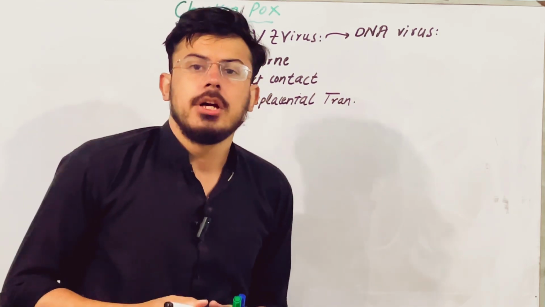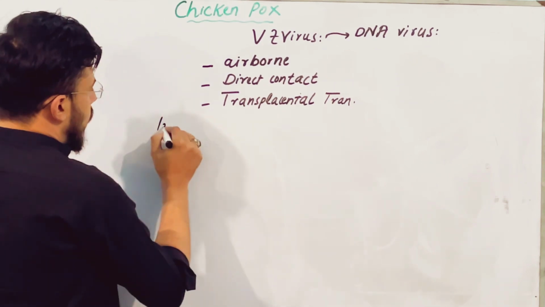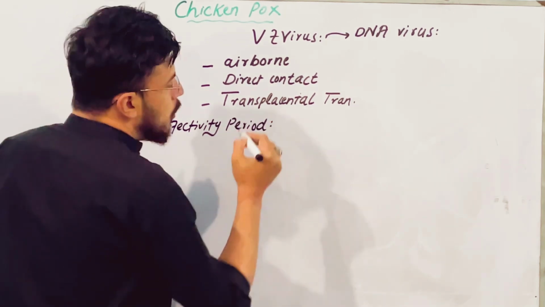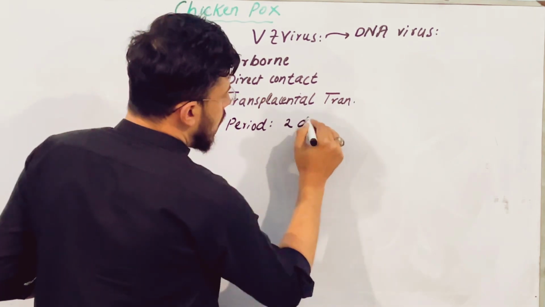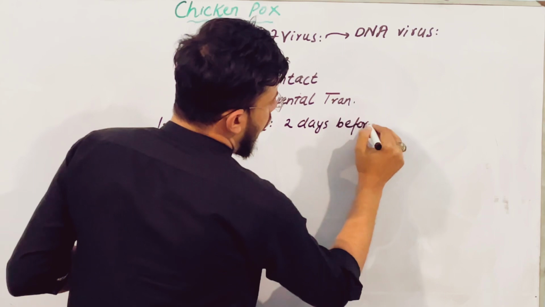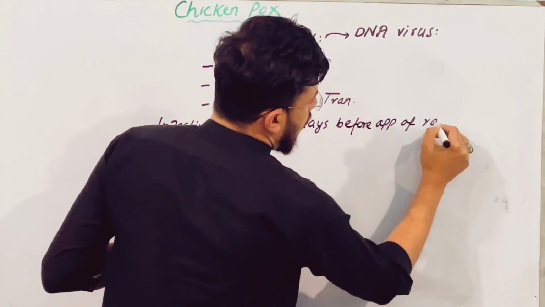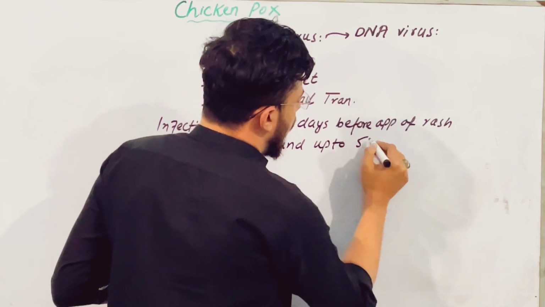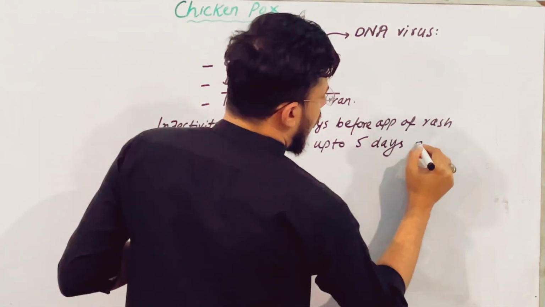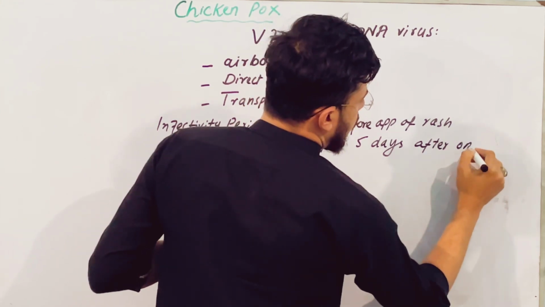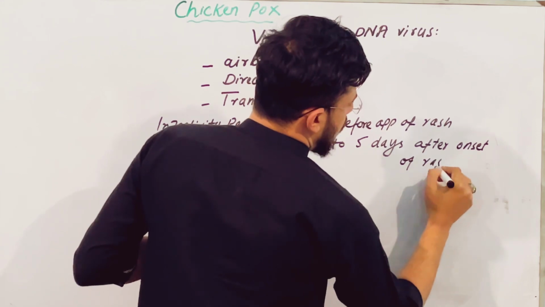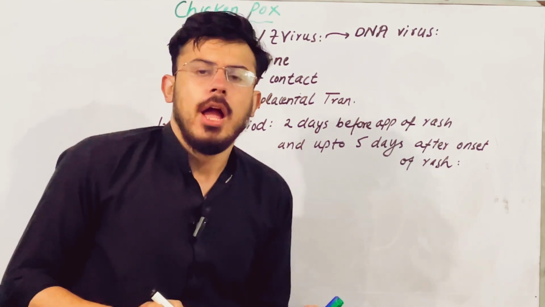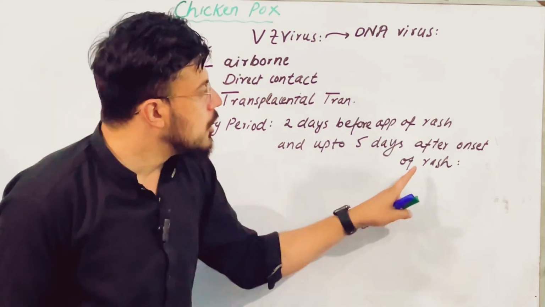Now, what is the infectivity period of chickenpox? It is 2 days before the appearance of rash and up to 5 days after onset of rash.